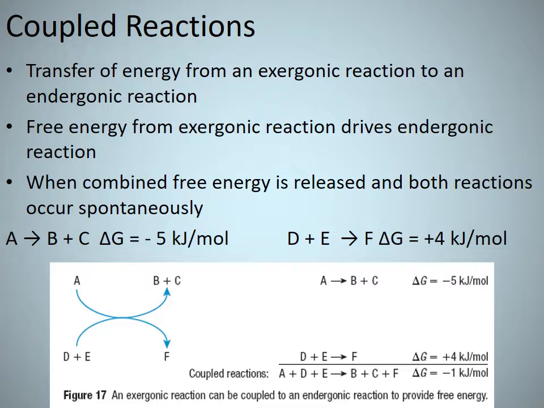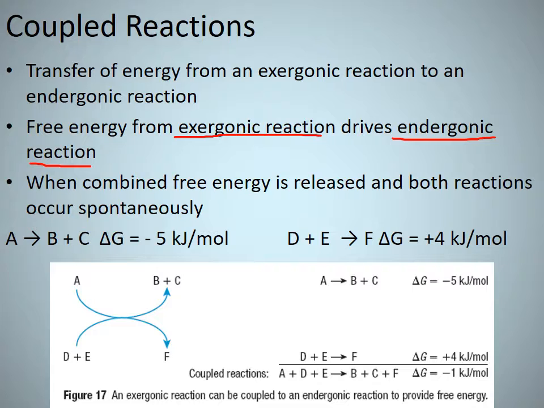Now, coupled reactions. Essentially, what coupled reactions are is the release of energy from an exergonic reaction can drive endergonic reactions. So what does that mean? Well, the hydrolysis of ATP will be used. When ATP is used in a chemical reaction, the energy found in the bonds of the ATP molecule will be used to drive chemical reactions that require a continuous supply of energy.